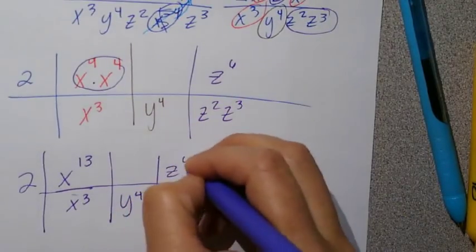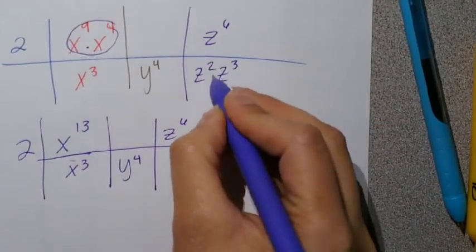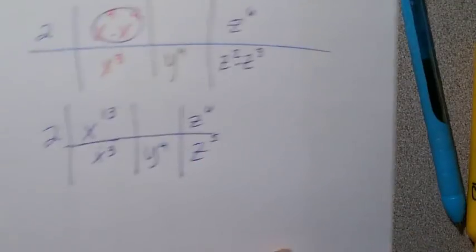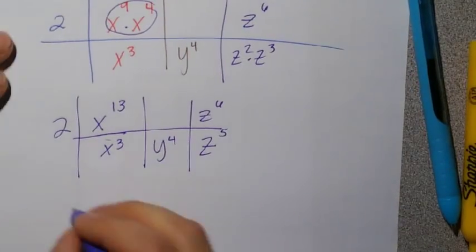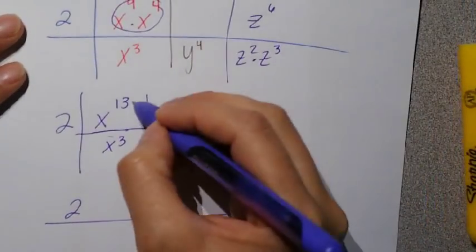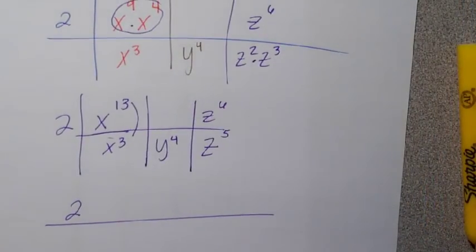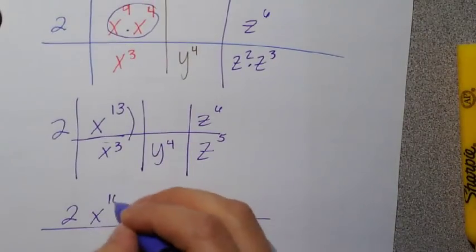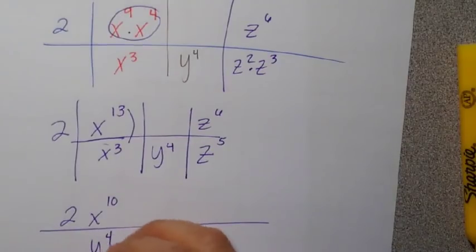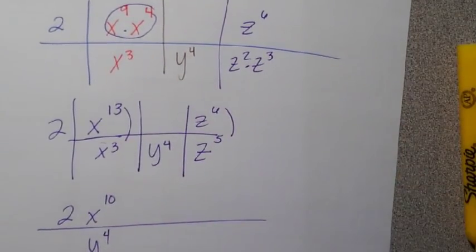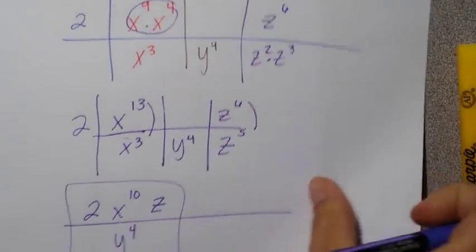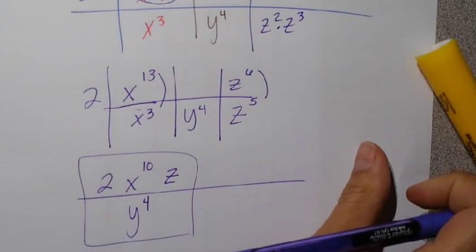Z to the 6th, and then in the bottom, they're being multiplied, so I can add the exponents together, so z to the 5th. Okay? So I still have a 2 in the numerator. I'm going to subtract those, because they're being divided, so x to the 10th. Y to the 4th is still below on the denominator, and then subtract those, and I just have 1z. And that would be my answer for this.